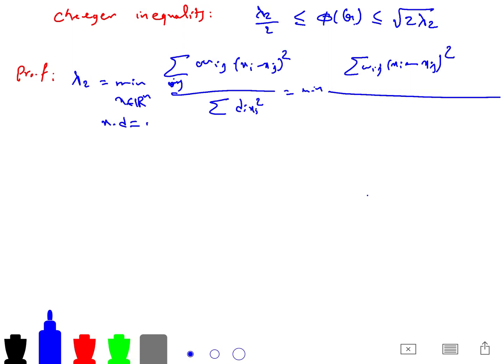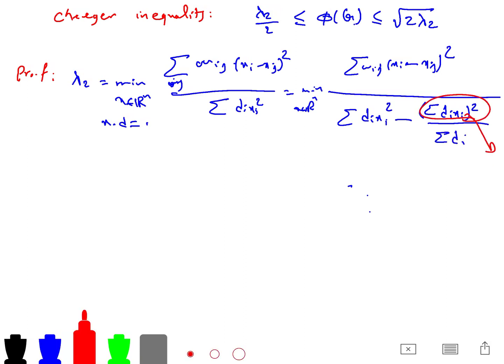So because it is orthogonal, you don't mind if I write this as x_i minus something, minus 0. So instead of 0, I write the sum of d_i x_i over the sum of the d_i's. So this is already 0.